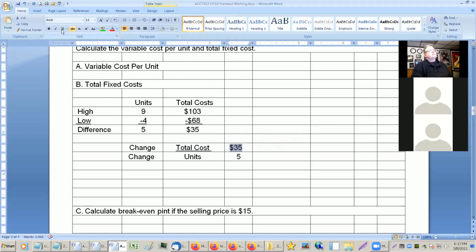Okay, so 35 divided by 5 equals $7. And this is the variable cost.